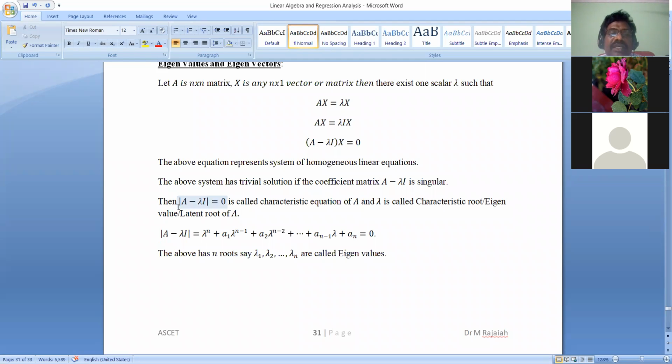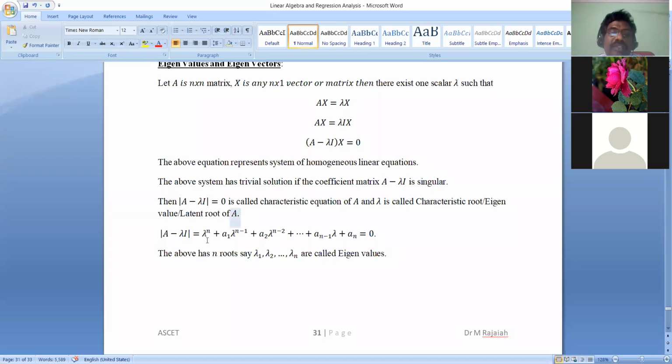That is, determinant of A minus lambda I equal to 0 is called the characteristic equation of A, and lambda is called the characteristic root, eigenvalue or latent root of the coefficient matrix A.